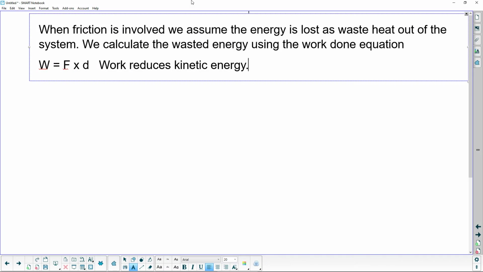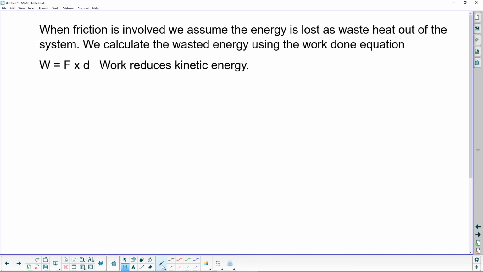Okay, so let's do an example of, say, air resistance as something falls. Well, actually, let's just do a sliding example. Let's do a ramp. That one's really easy to do.